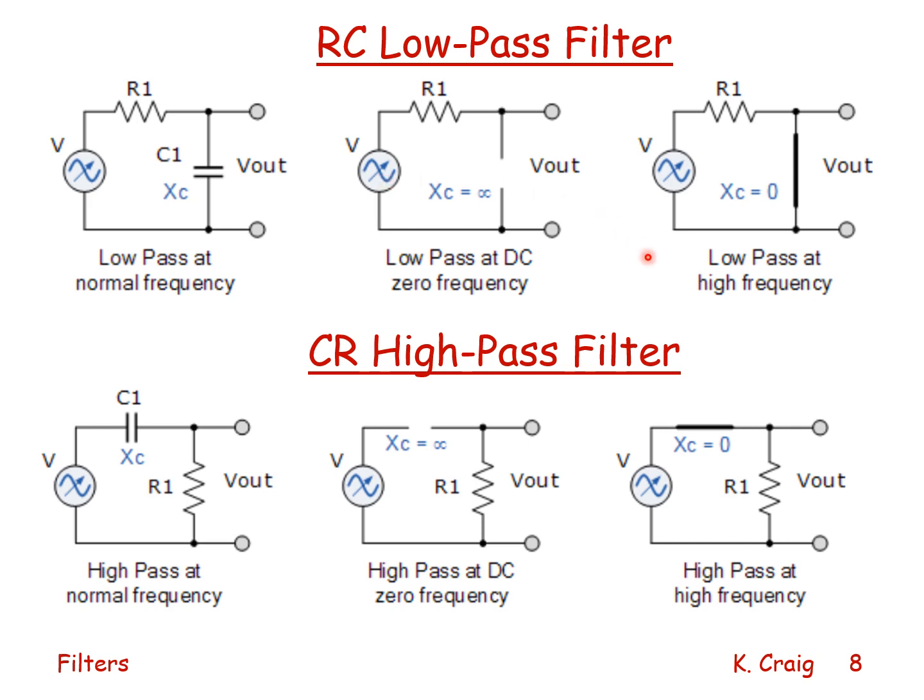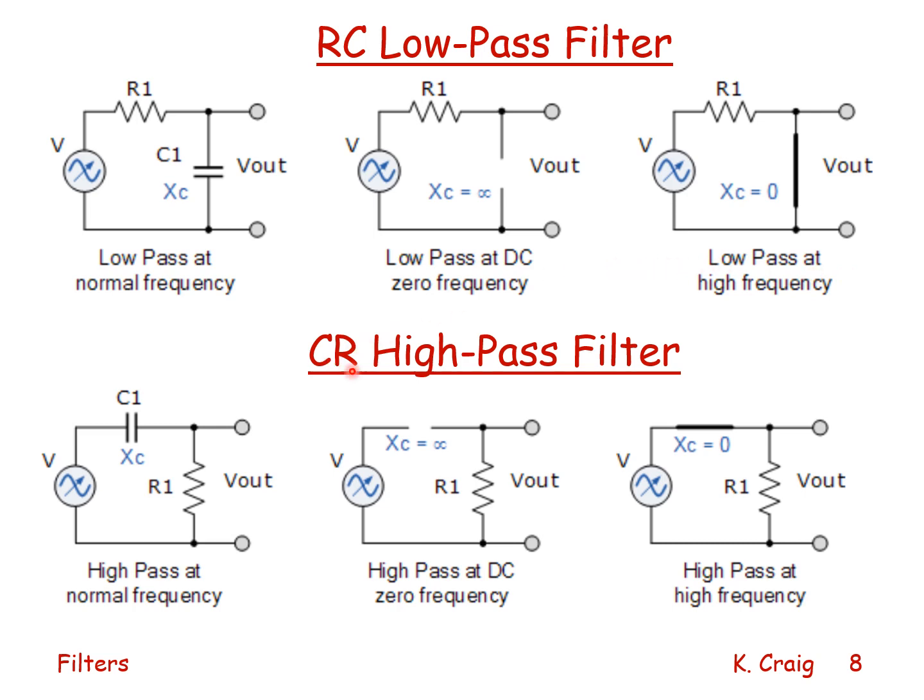At high frequency, what we see is that the reactance, or the impedance, is 0. And so the output voltage then is ground, or 0. These are the limiting values at DC and at very high frequency for the RC low-pass filter.